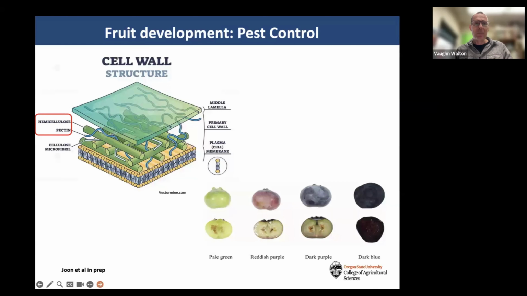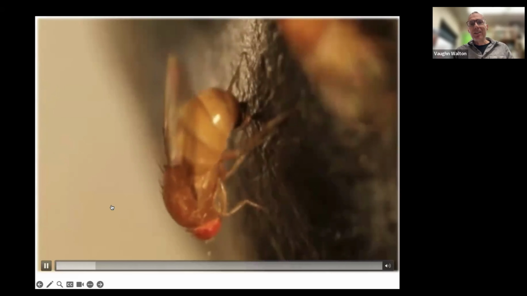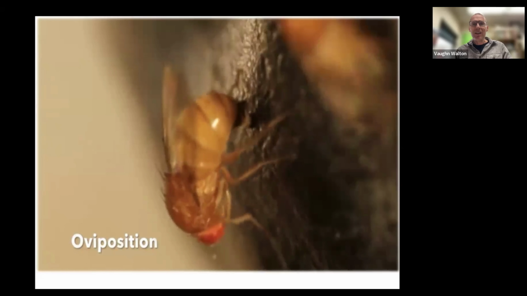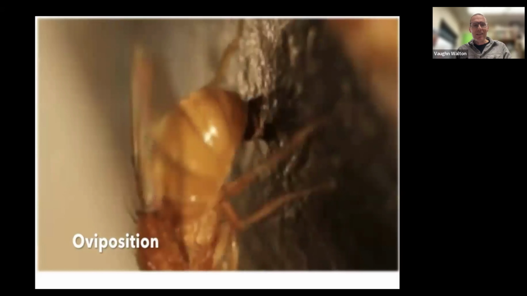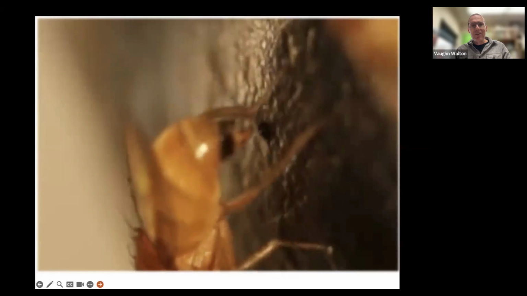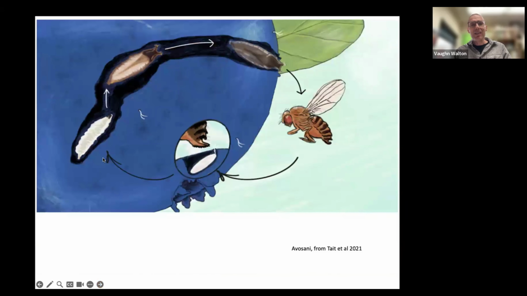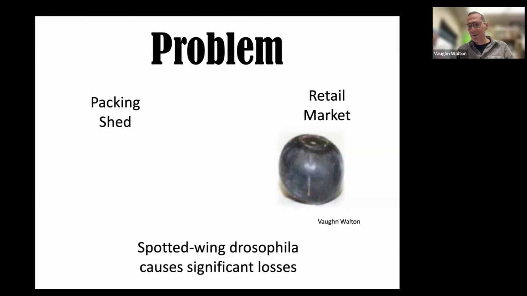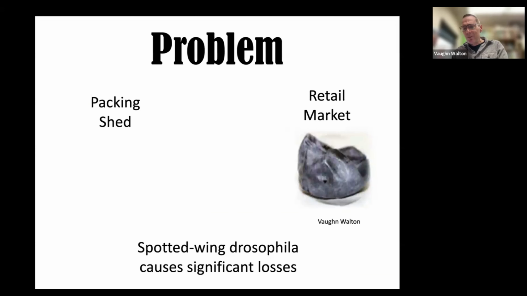And so when we look at Drosophila, you may have seen this egg laying process. The problem here is when the egg is laid, then the larva will develop inside the berry, as you can see here. It'll pupate, and that developmental phase is what results in the berry eventually not being marketable. So I'm not going to go into too much detail of that at this stage.